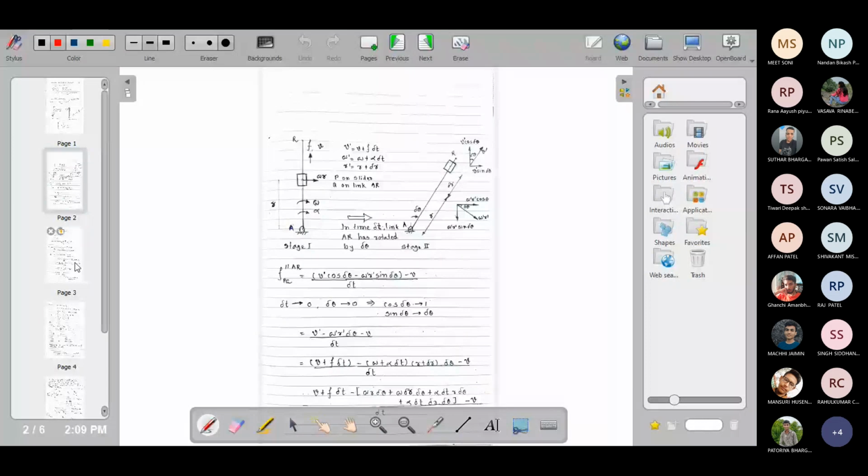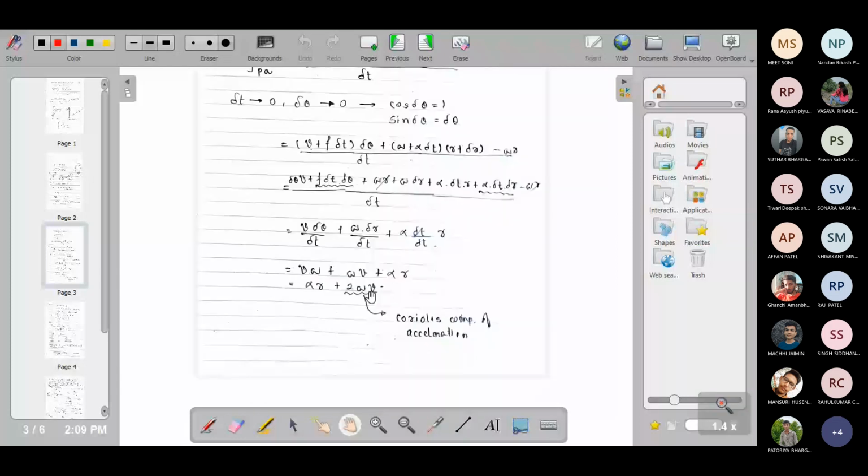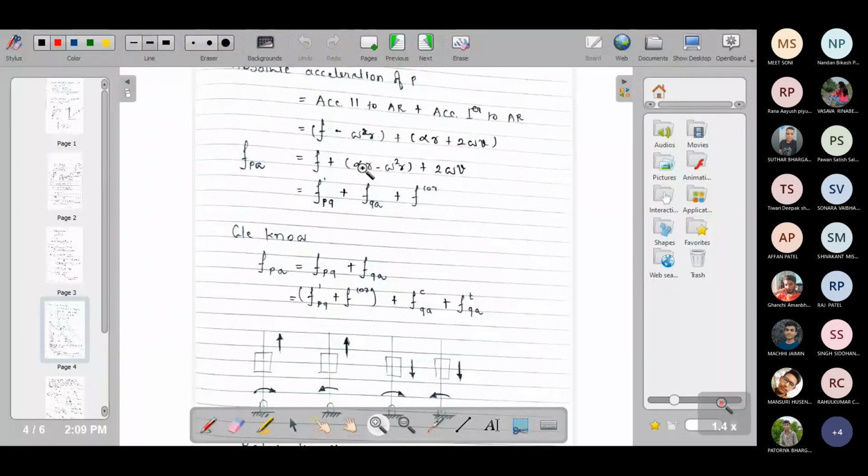So ultimately, this is the Coriolis component, and its magnitude is 2 omega v, where omega is the angular velocity and v is the velocity component. Let me take you to the next page. This will make things clear.